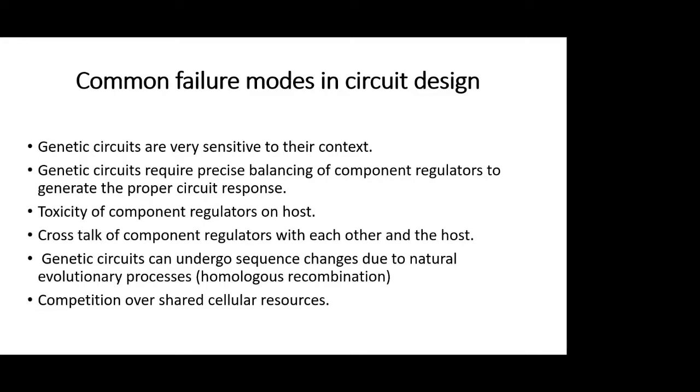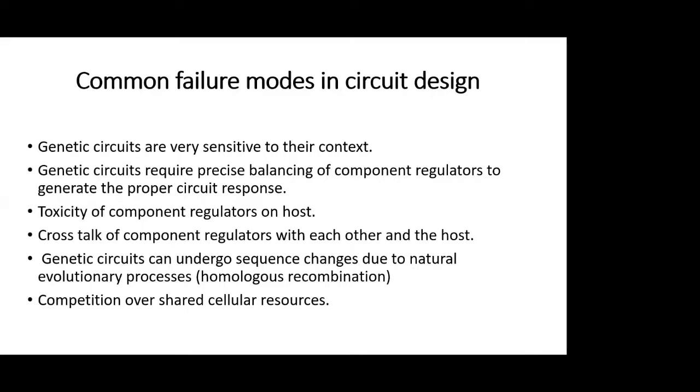In this case, you could have homologous recombination rearrangement in the genetic circuit sequence, and you end up with genetic circuits with different topology, with different wiring, with different sequences. And of course this affects the circuit behavior.